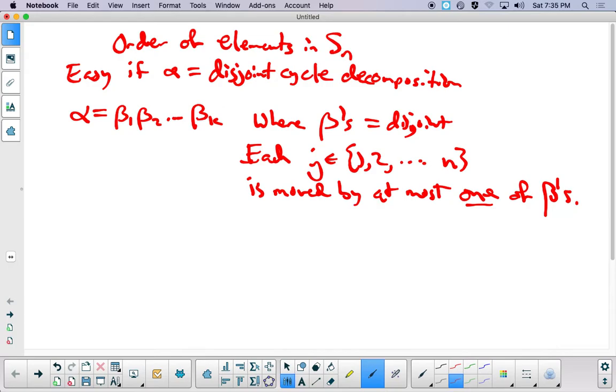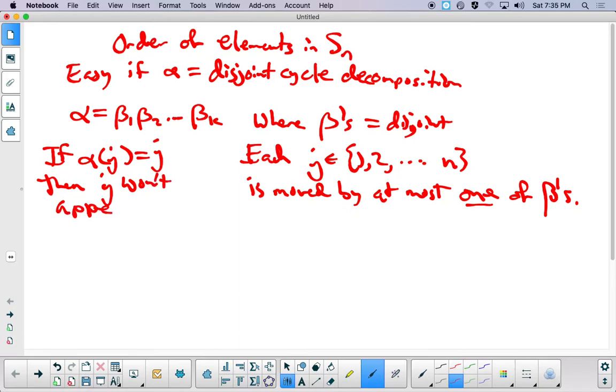If j is fixed by alpha, in other words, if alpha of j is equal to j, then j won't appear in any of the betas.